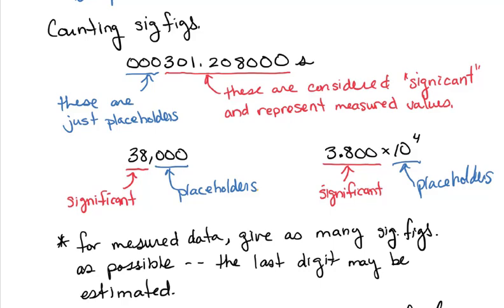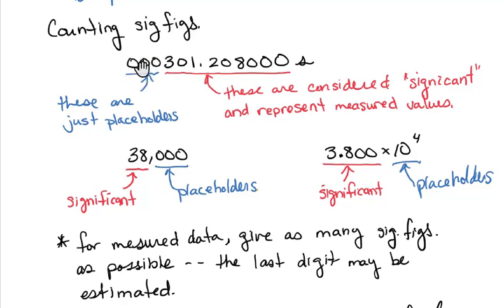So first we have to even know how to count sig figs to be able to talk about it. So let's start with a number with a bunch of extra zeros everywhere. My example here is 301.208000 seconds. All right, leading zeros are not counted as significant. They're just considered to be placeholders. And these aren't even important placeholders. These don't need to be written at all.